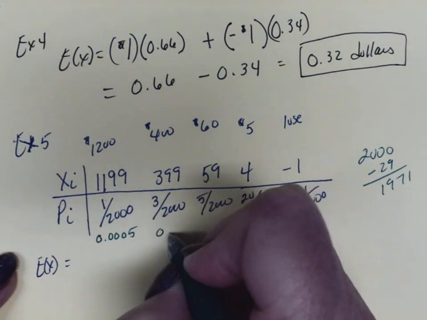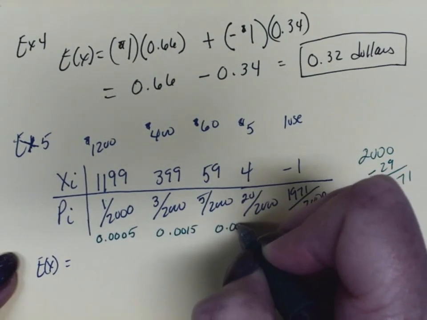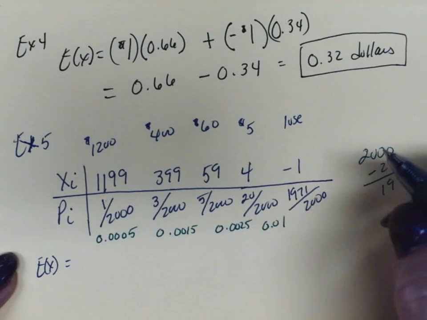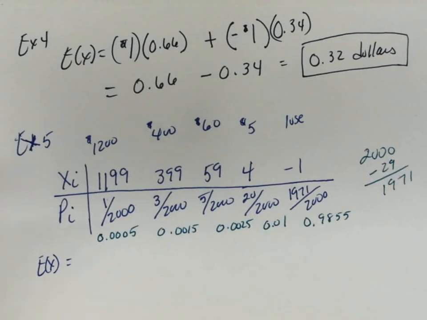This would become 0.0015. This would be 0.0025. This would be 0.01 and 0.9855.